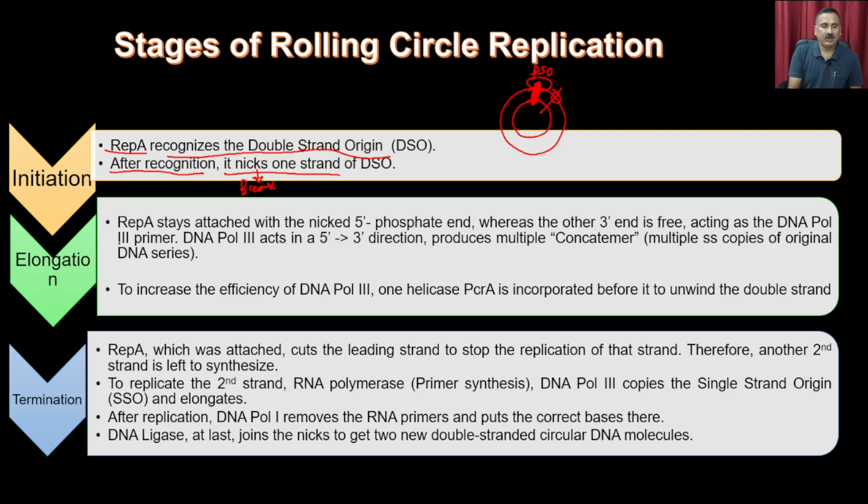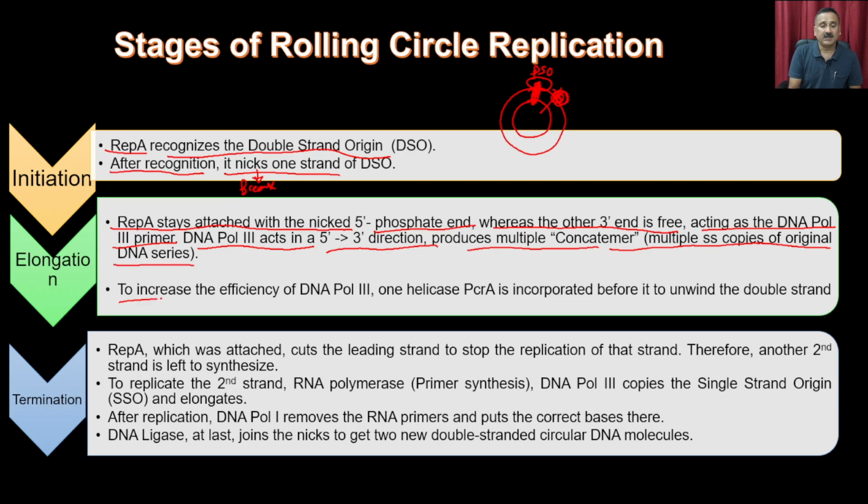Then in the elongation phase, RepA stays attached to the nicked 5 prime phosphate end. It makes a cleavage and holds the DNA, whereas the 3 prime end is free, acting as the primer for DNA pol 3. DNA pol 3 acts in a 5 prime to 3 prime direction and produces multiple concatemers, multiple single stranded copies of the original DNA.